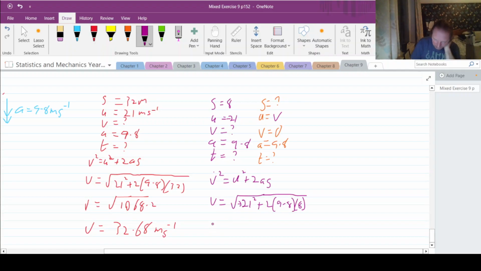So v is equal to, 21 squared is 441, plus 2 times 9.8 times 8, 597, and the square root of that is 24. That doesn't make a lot of sense.